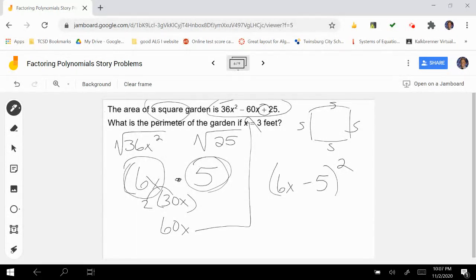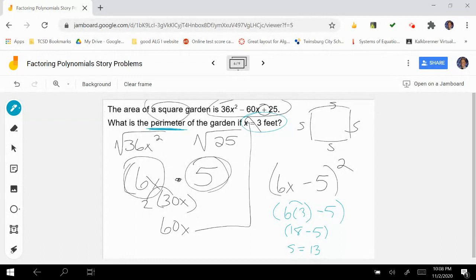Now, they gave us some detail. What's that detail? X is 3. So they also want the perimeter. So what they're going to tell us now is plug this in. We get 6 times 3 minus 5. So what's 6 times 3 is 18. 18 minus 5 gets you a side length of 13.